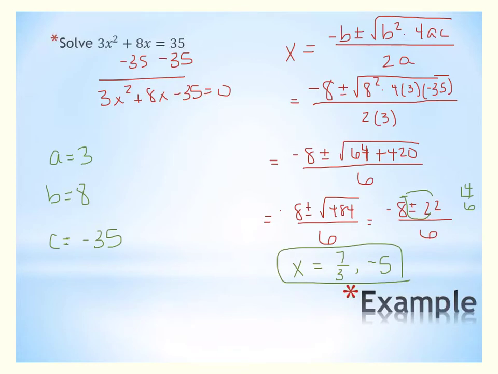So if you get an answer that looks like this, you need to take it one step further because this is math that you can actually work out. So we're saying that it doesn't have a radical sign in it.